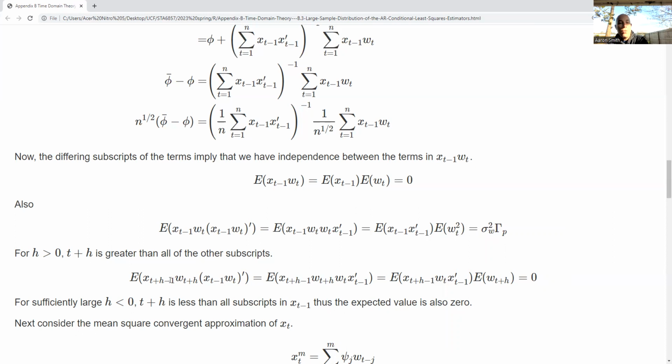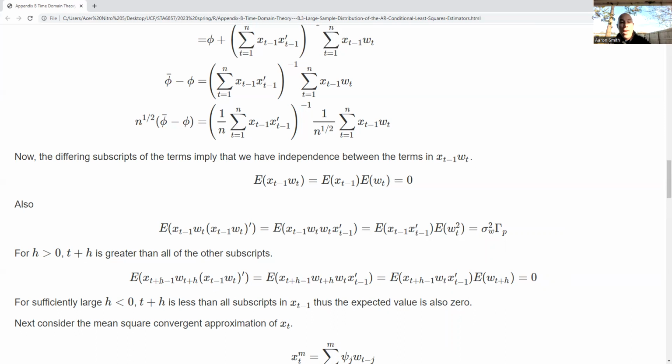Here we potentially have matching subscripts because we don't know what h is. But if h is large enough and positive, or large enough and negative, basically far enough away from the other subscripts, we'll know that this term will be independent of all the other observations.